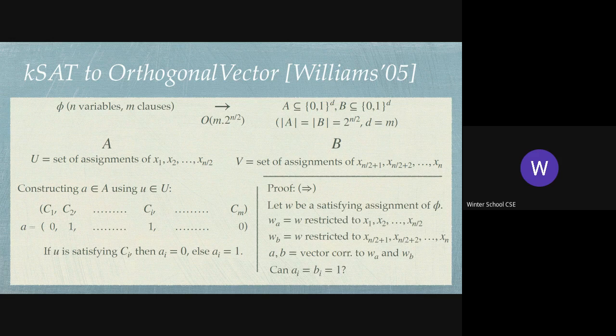Now, can there be an I such that both Ai and Bi are equal to 1? Does there exist an I such that the ith coordinate of both A and B is equal to 1?